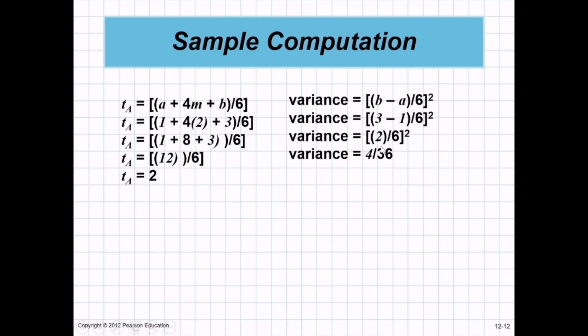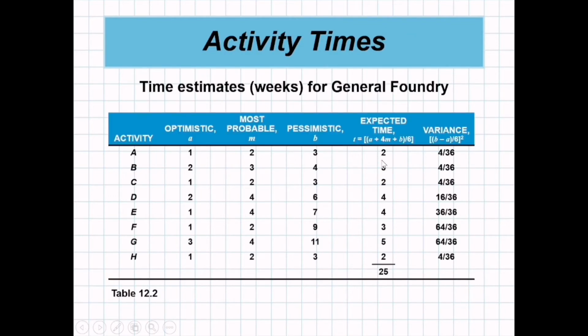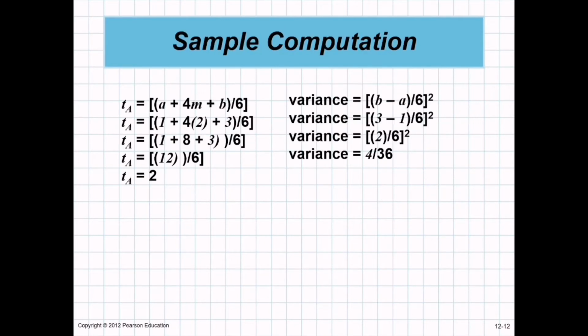So this is 4 over 36. So the variance here is 4 over 36. So we now have the expected time and the variance. For the rest, activity B, C, D, E, F, G, and H, you will calculate this on your own, and this will be your learning task for this topic, project management.